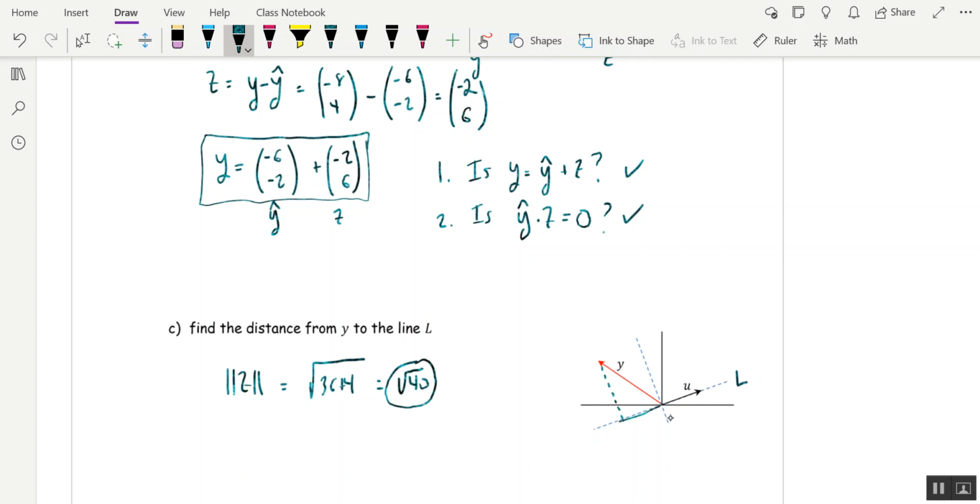So this vector here is the Y hat that we found. And then Z is the vector orthogonal to that. This is my Z. And you can see if I add Y hat to Z, I do get Y. And they are indeed perpendicular.